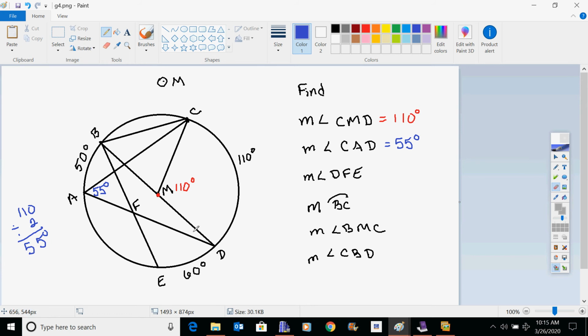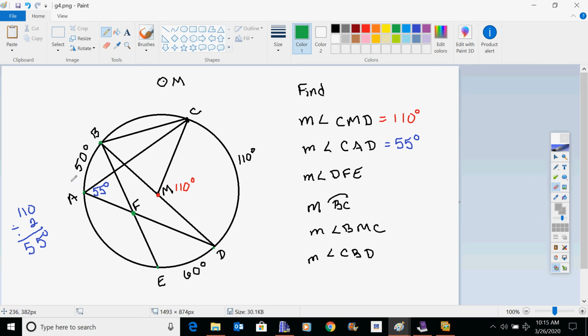Angle DFE. DFE is an interesting one. It has to do with the idea that you have the two intercepted arcs here, and the fact that it crosses inside of the circle. I've got a triangle here, that threw me off.